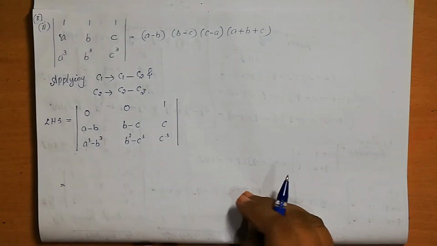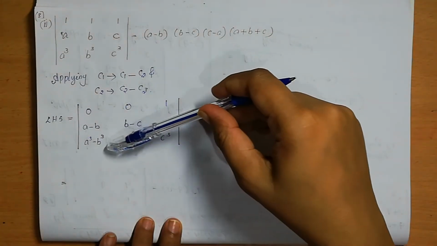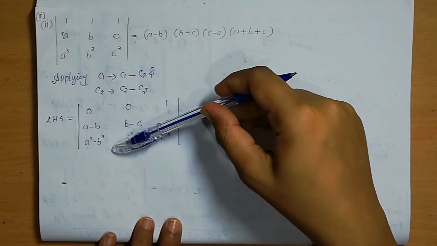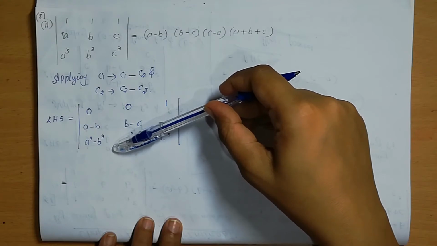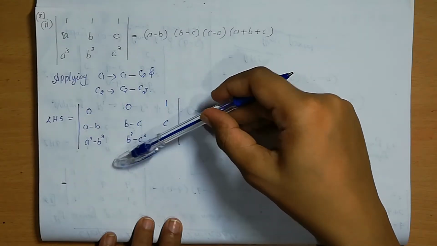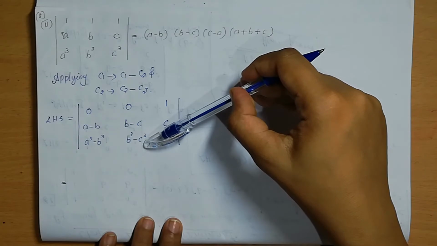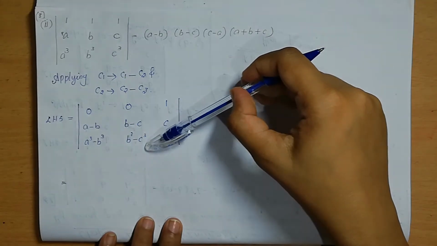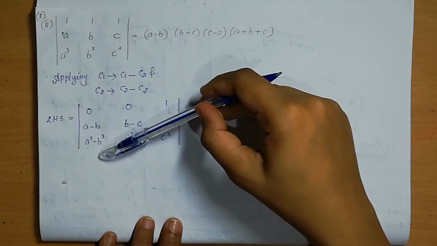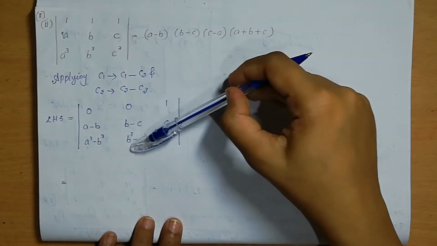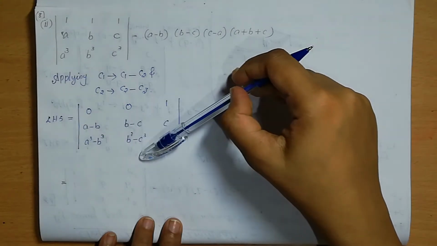Here we can apply the expansion of a cube minus b cube. How can we write a cube minus b cube? (a − b)(a square + ab + b square), correct? And b cube minus c cube we can write as (b − c)(b square + bc + c square). So from the first column we can take a − b common, and from the second column we can take b − c common, right?